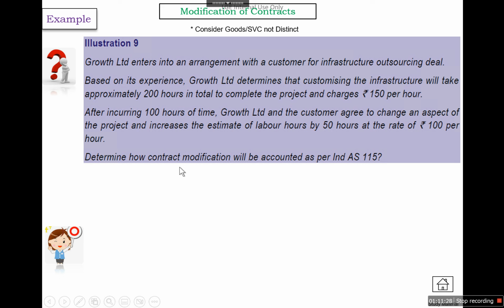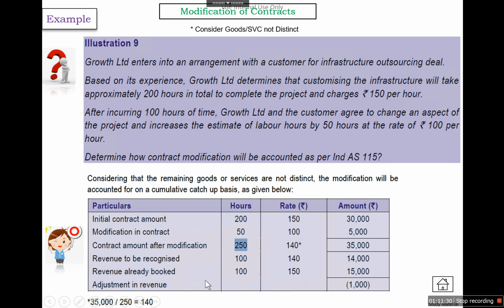Determine how the contract modification will be accounted. So similarly, we need to adjust the revenue because the goods and services are not distinct, but the price is different. So we need to do the catch up adjustment in this.